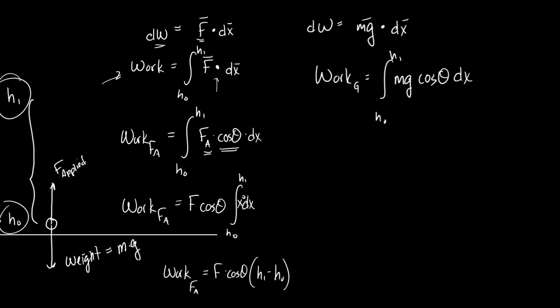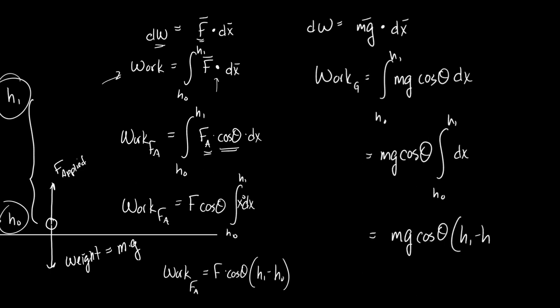The force of gravity pulls downwards the same all the time. So I'm going to have the same kind of integral. And I have the same thing. We all good so far?